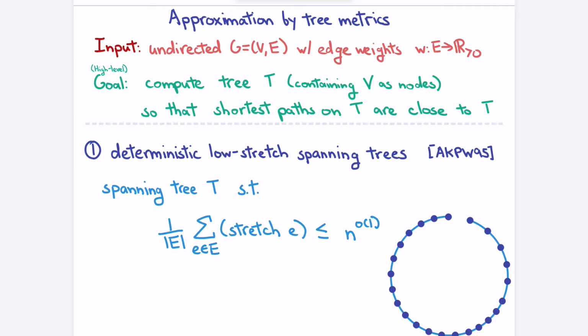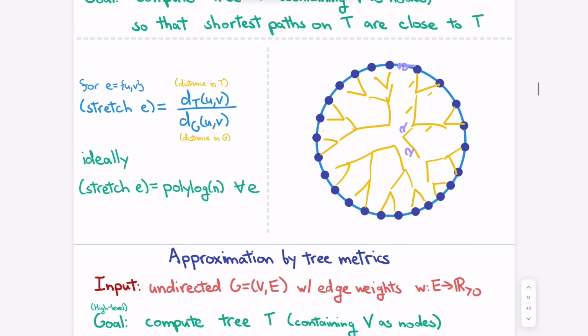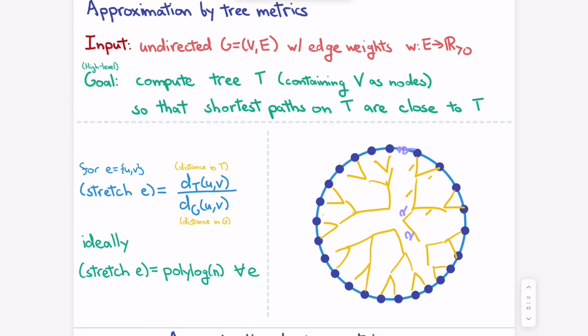So this is saying, what's the average stretch over all the edges? If you try to do it without a spanning tree, just any tree, they could use that instead. Yeah, so it's deterministic, you still can't. Would it still fail on the cycle? I mean, yeah, the answer is yes.